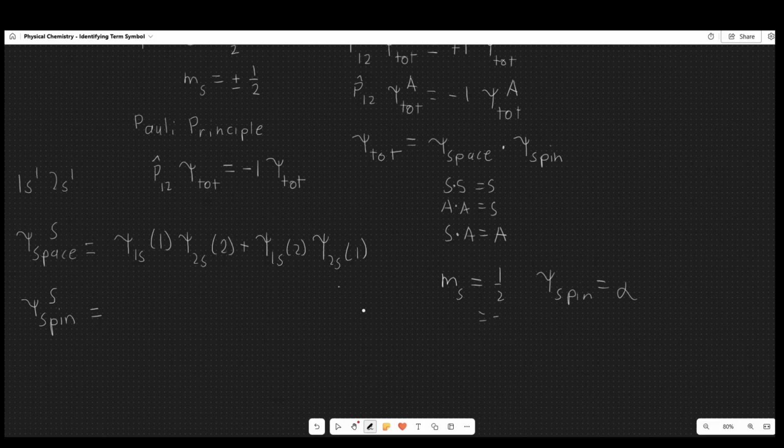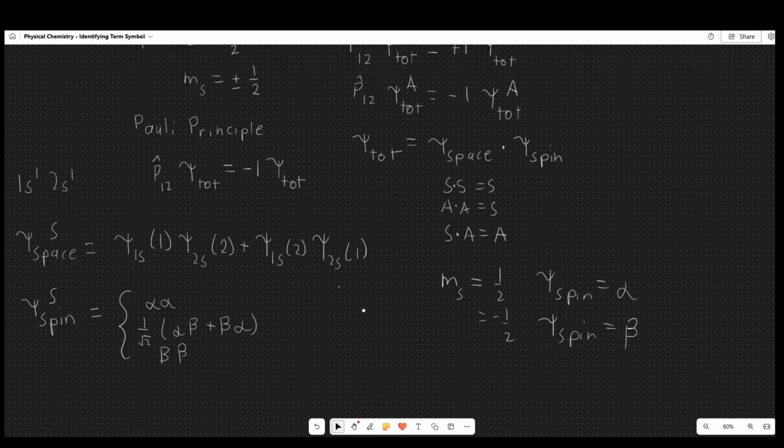And if it's negative half, then psi spin equals beta. If it's symmetric, there are three possibilities for psi spin. Alpha alpha, where both of the electrons are up. Then we have 1 over root 2, a normalization constant, times alpha beta plus beta alpha, where one of them is up and one of them is down. And then we have beta beta, where both of them are down.